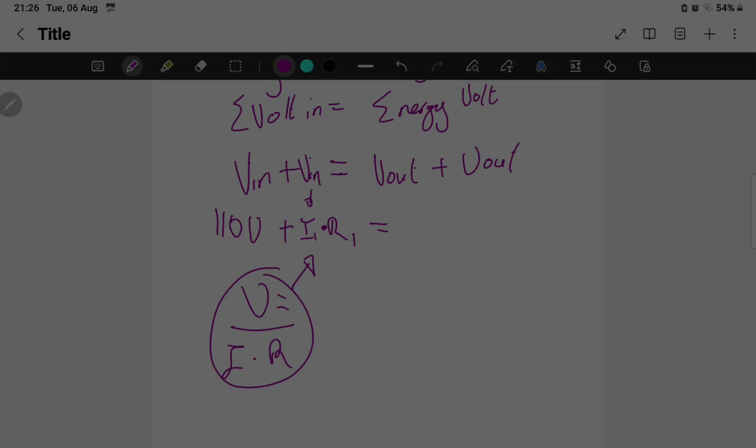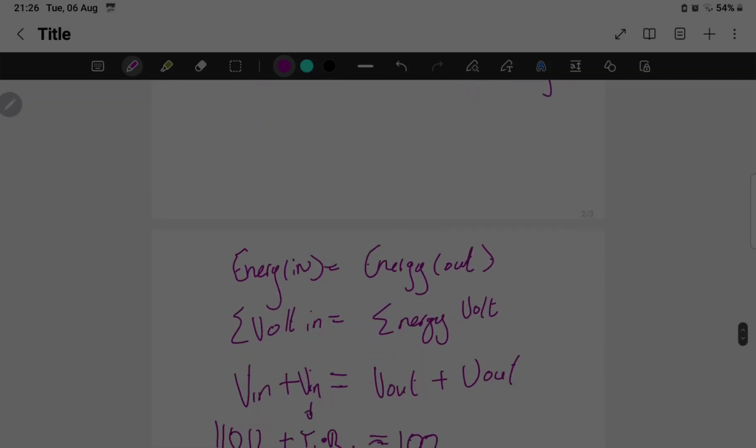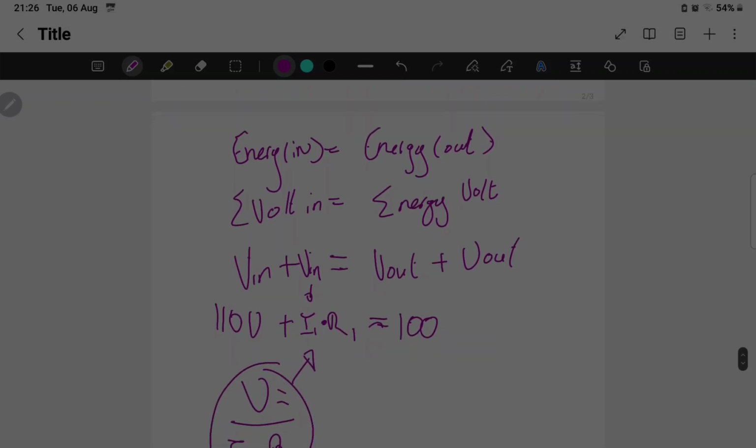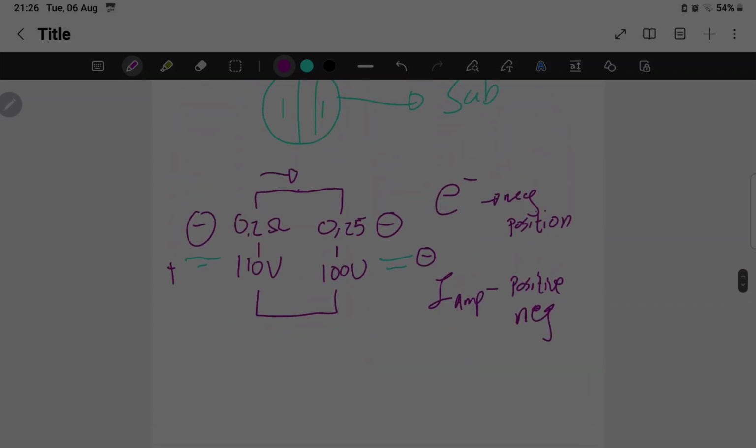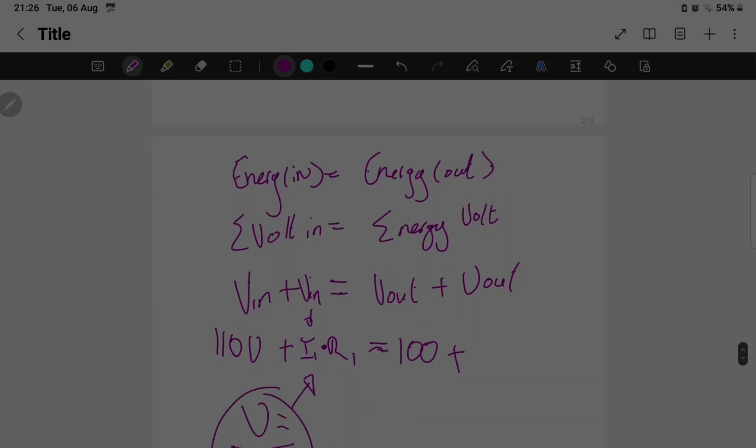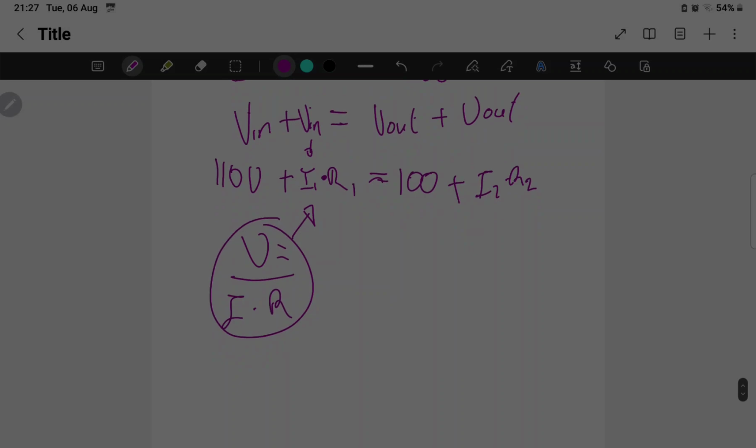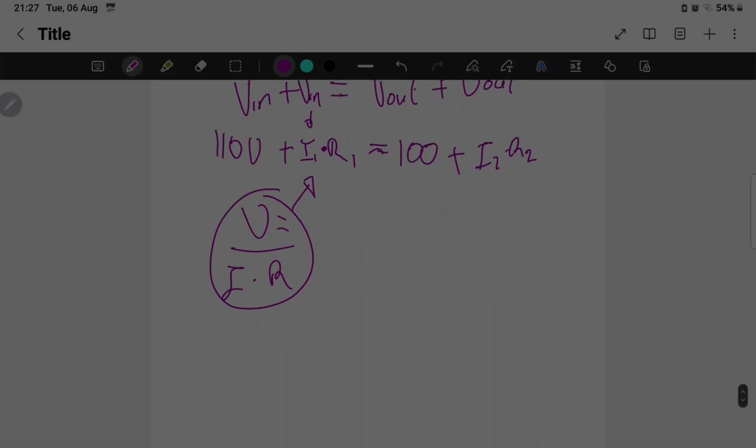But over here we'll have a voltage of 100, and then it has an internal resistance, so a positive internal resistance of I2 R2. So now let's simplify this equation.